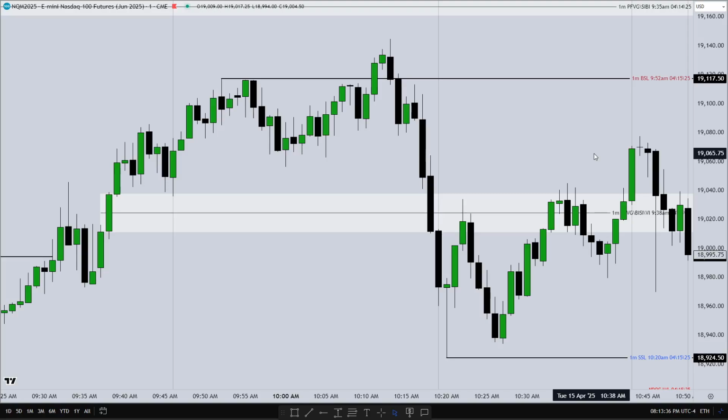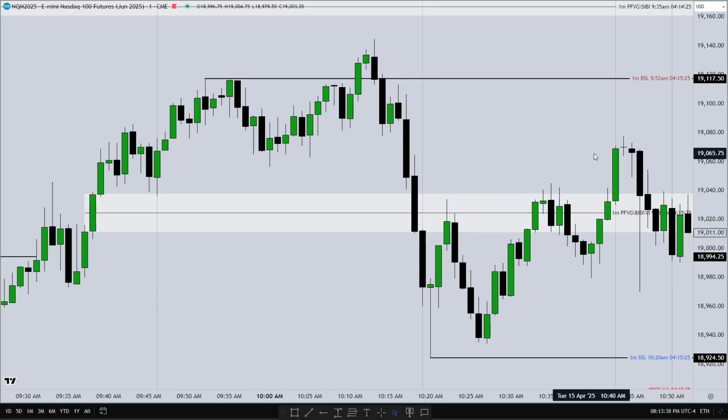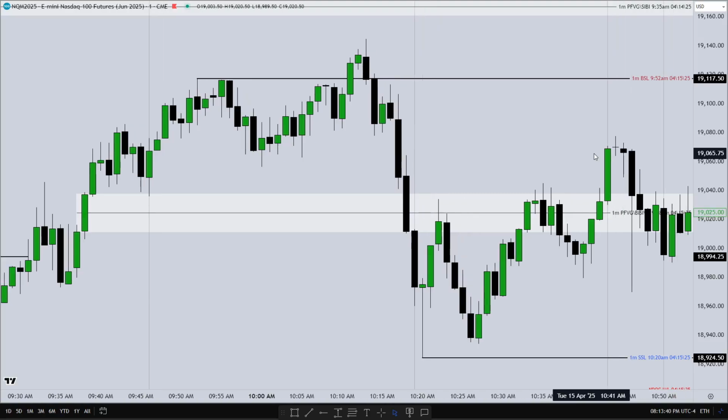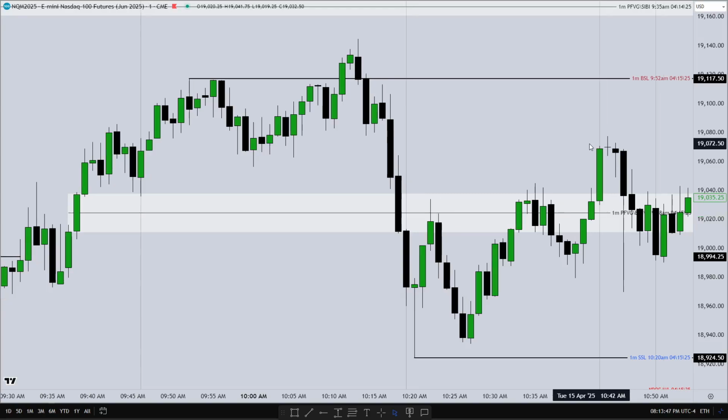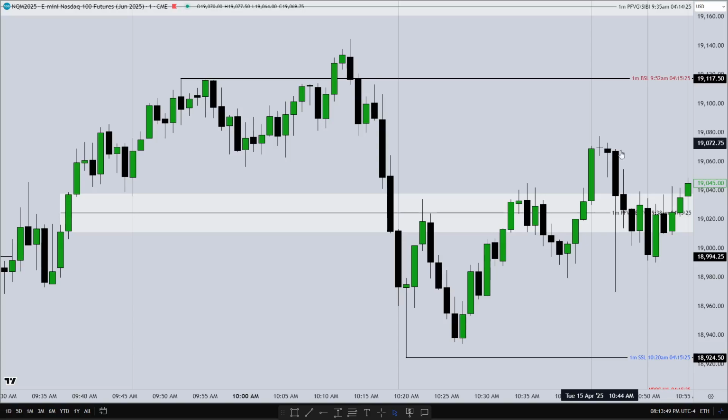Then fast forward to 10:54, we have this sort of formation going on here, and then price closes above the gap one more time.